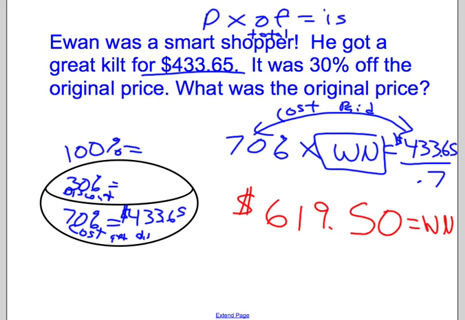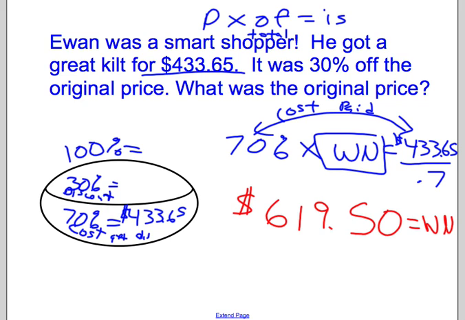Remember, these two have to represent the same item or the same kind of number or the same information. If you put 30 there, that's the discounted amount, and then you're saying that the $433 would have been what was discounted off the original. So you can't put those in line with each other. It has to be 70% of that.